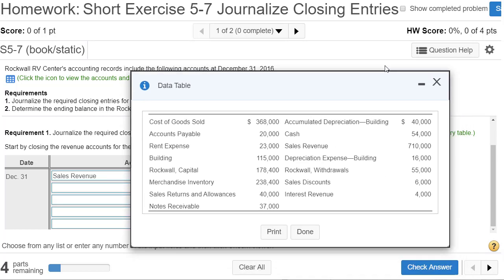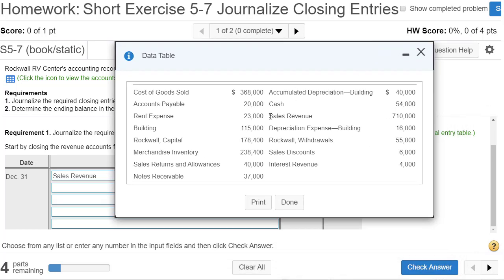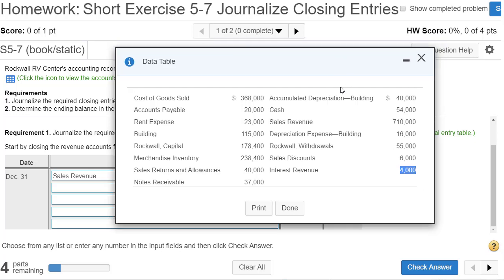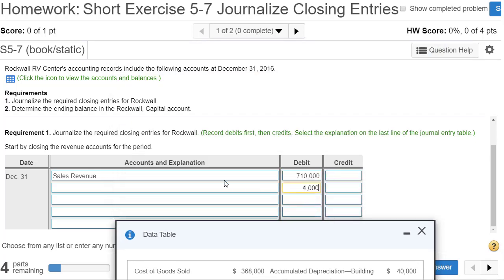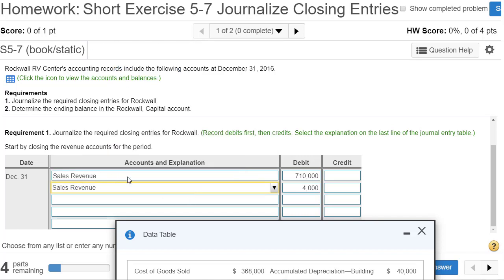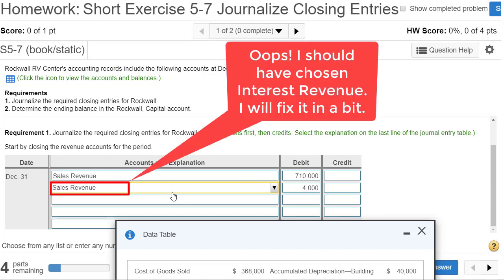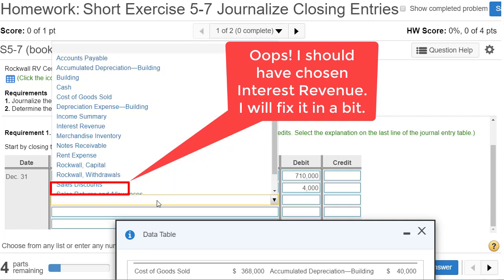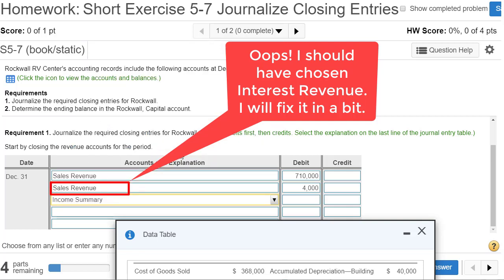Now let's see if we have any other revenues. Most companies do have more than one revenue account. So we had sales revenue. Now we've got interest revenue, $4,000. And where do we close the revenues to? The temporary account called income summary.